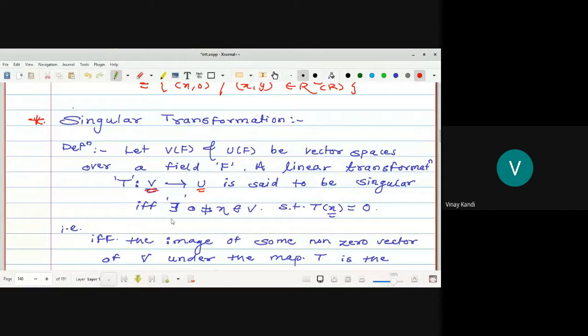There exists means at least one non-zero element belonging to V whose image is 0.